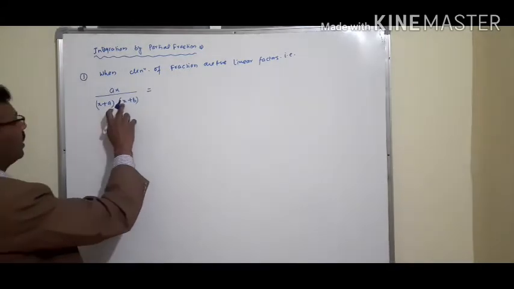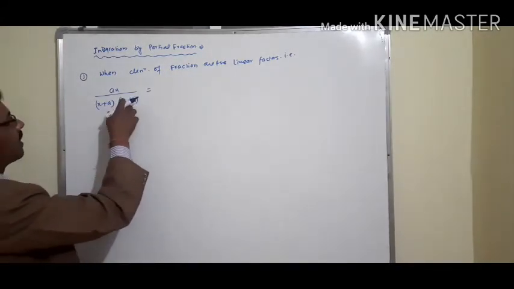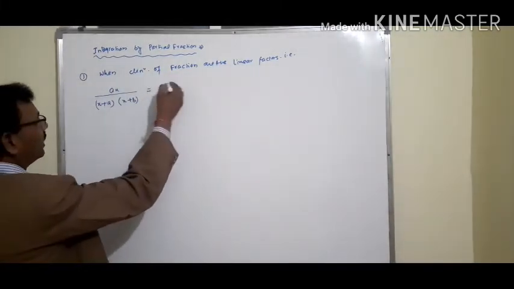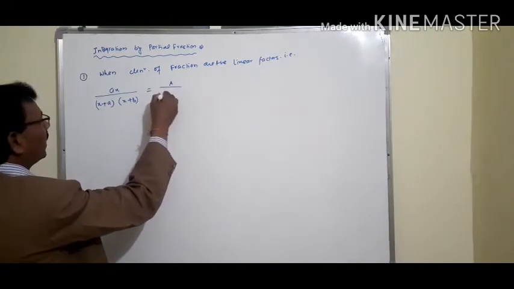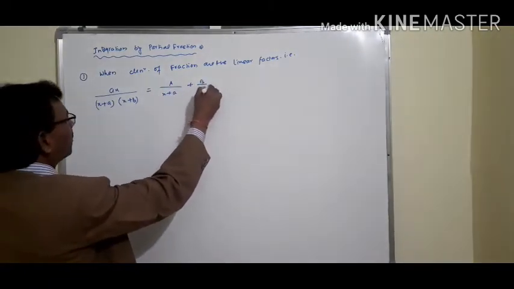So if you want to break this fraction into partial fractions, then we can write A upon x plus a plus B upon x plus b.